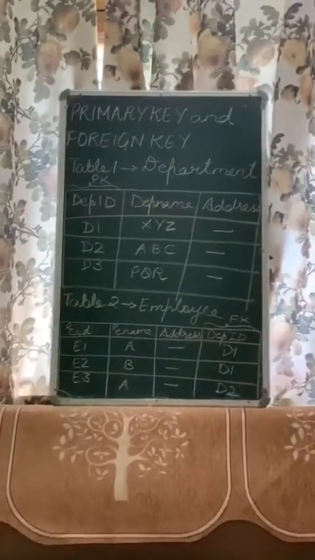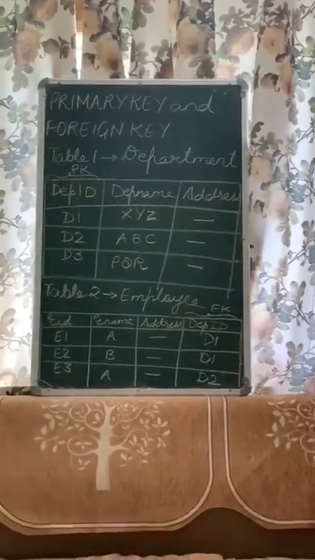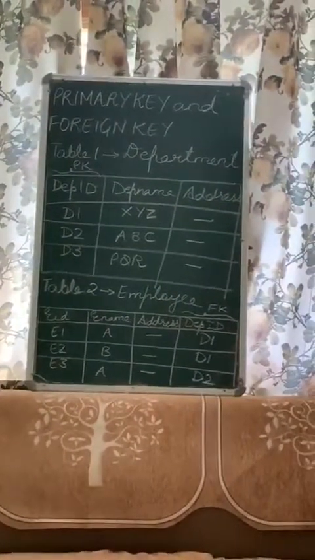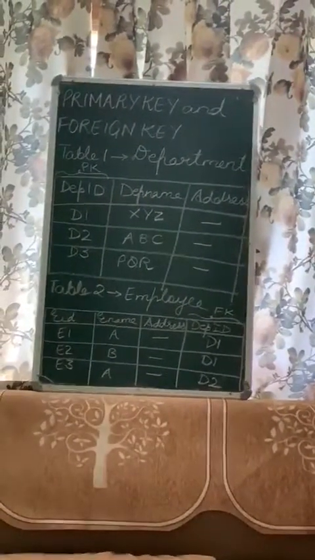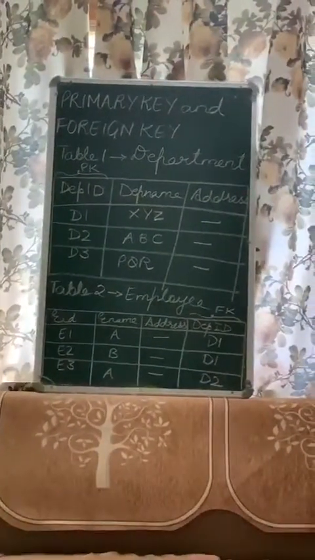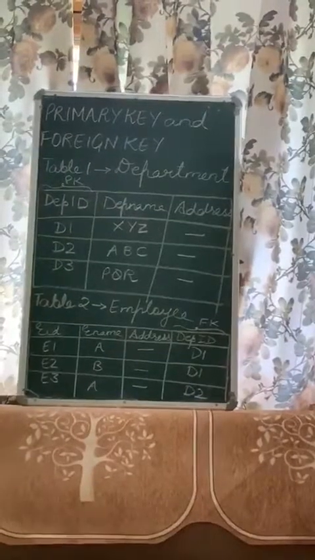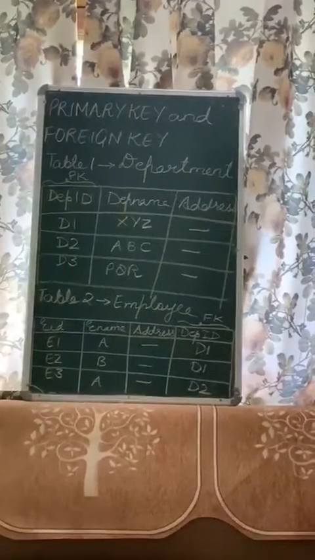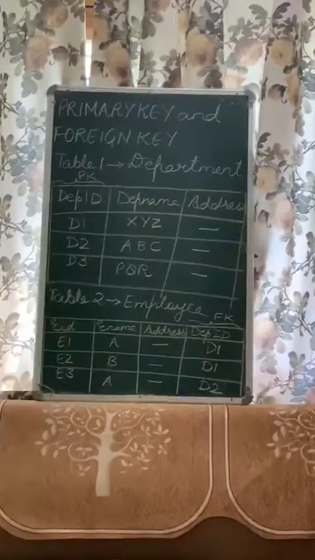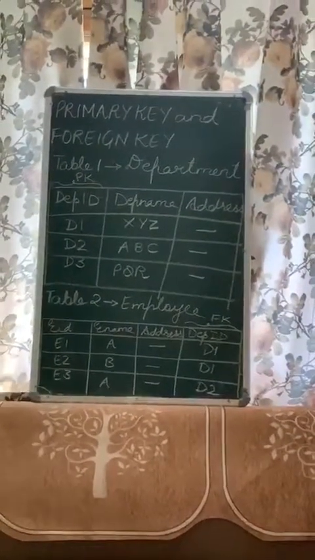Now there are two things for any field to act as a primary key, that is, it should be unique and it should have not null value. So here in this table department ID will be acting as a primary key because it is unique and it is not having any null values.